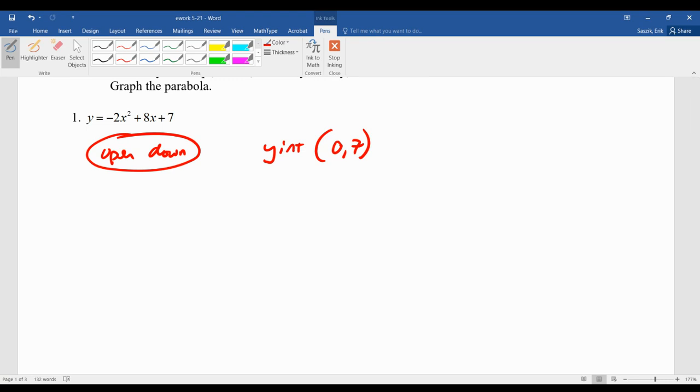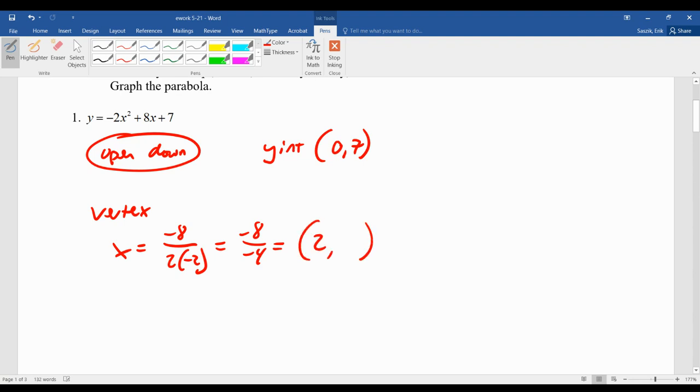Okay. Now we're going to determine the vertex. x equals the opposite b over 2 times a. Well, -8 over -4 is +2. Now remember, that's just the x value.